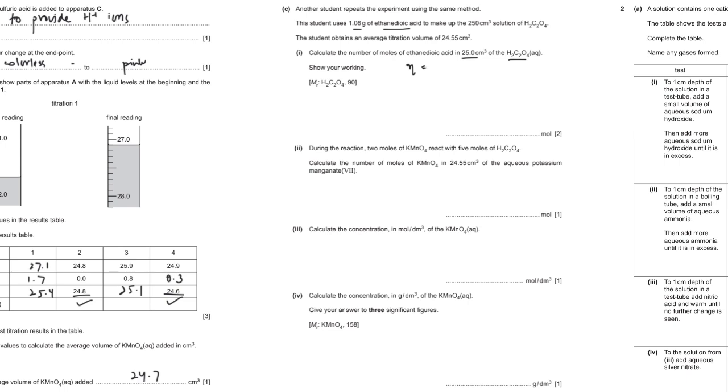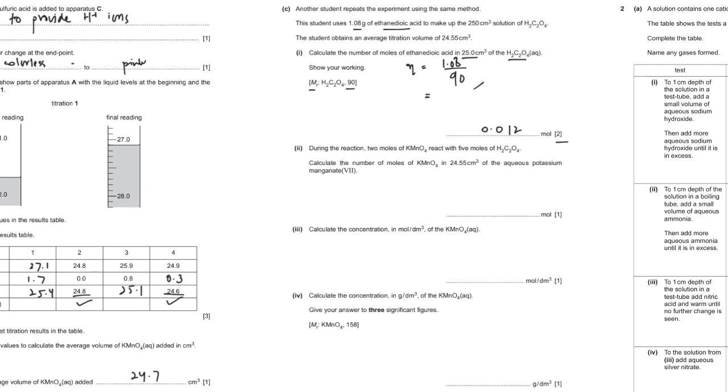Moles will be equal to mass over Mr. So 1.08 divided by Mr. You will get 2 marks for this. 1 mark is for Mr and the other mark is for the moles of ethane dioic acid. So you have 1.08 divided by 90. In fact, no. You will get the whole 2 marks for the number of moles because Mr is already given to you. So the answer would be 0.012.